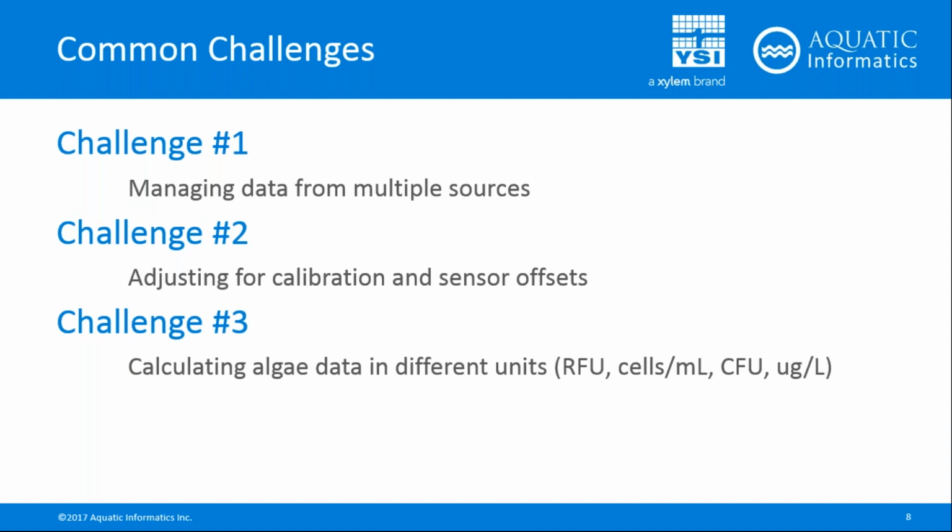So if you want to take a look at those calculations and dig in and see how we did the various steps, it's all there in the spreadsheet, and you're welcome to download that. And then our challenge number 3, we saw how we can correlate our RFUs into cells per milliliter or micrograms per liter.